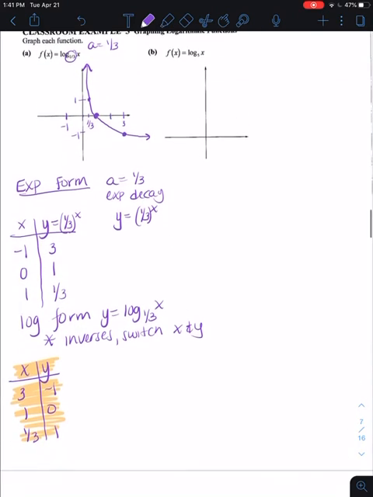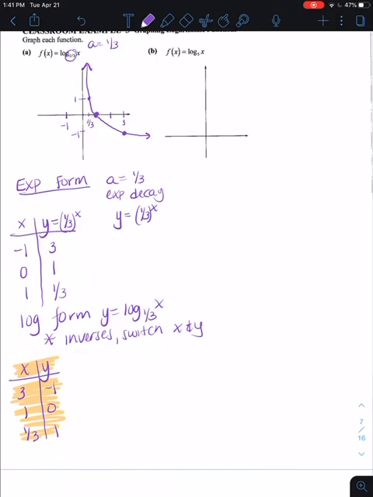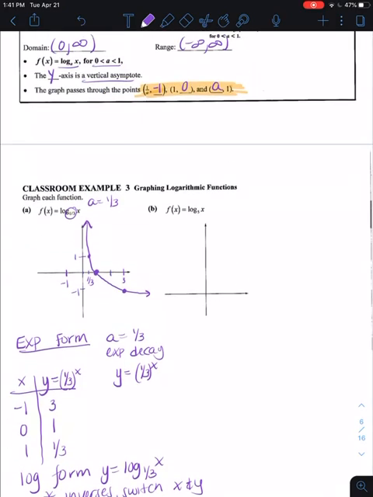So for part B, instead of doing all that work with the exponential and then flip-flopping the points, you just know that on a log graph, you're going to have these 3 points. All right, you can also graph a log function. So in this example, a is going to be 5. Based on the table above with the 3 points that always lie on your log functions, you're going to have 1/a, -1. Well, what's 1/a? It's the reciprocal.